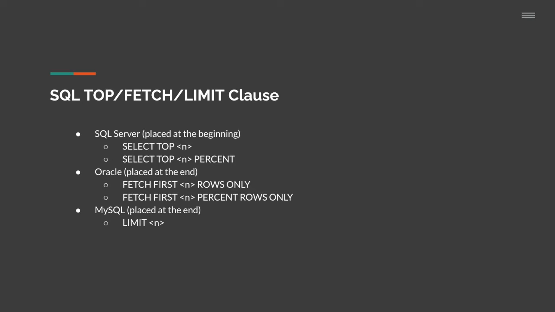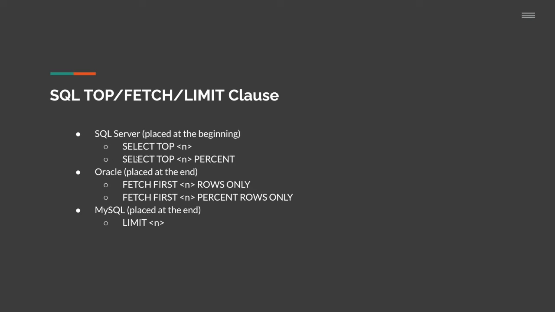So the clause will be written like select top and then provide a numerical value, and this would be the number of records you would wish to be returned. And if you're using the percentage keyword, then the number of records being returned would now be referred to as the number of percentage.